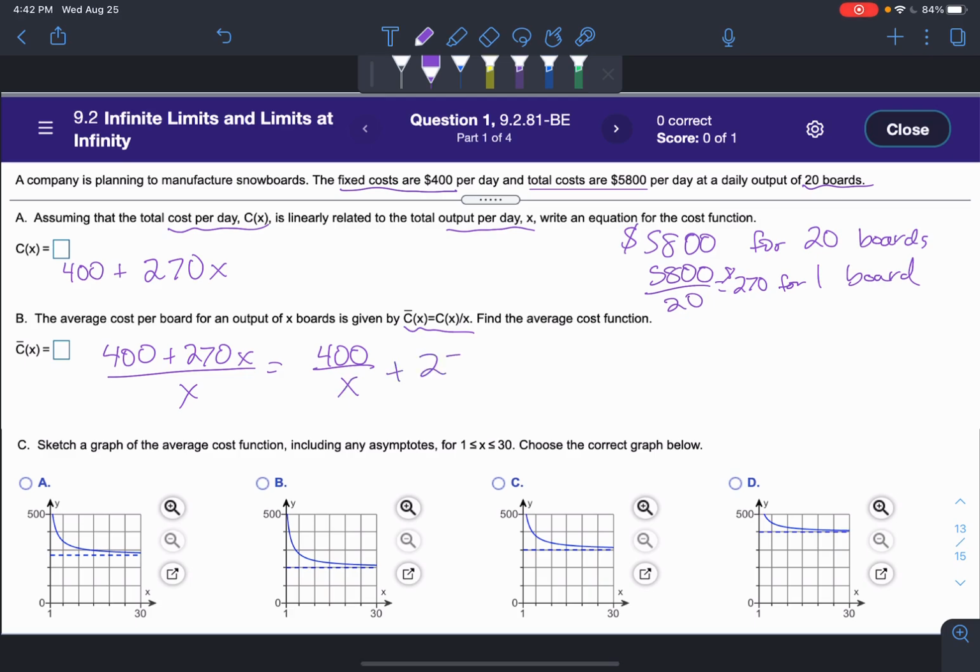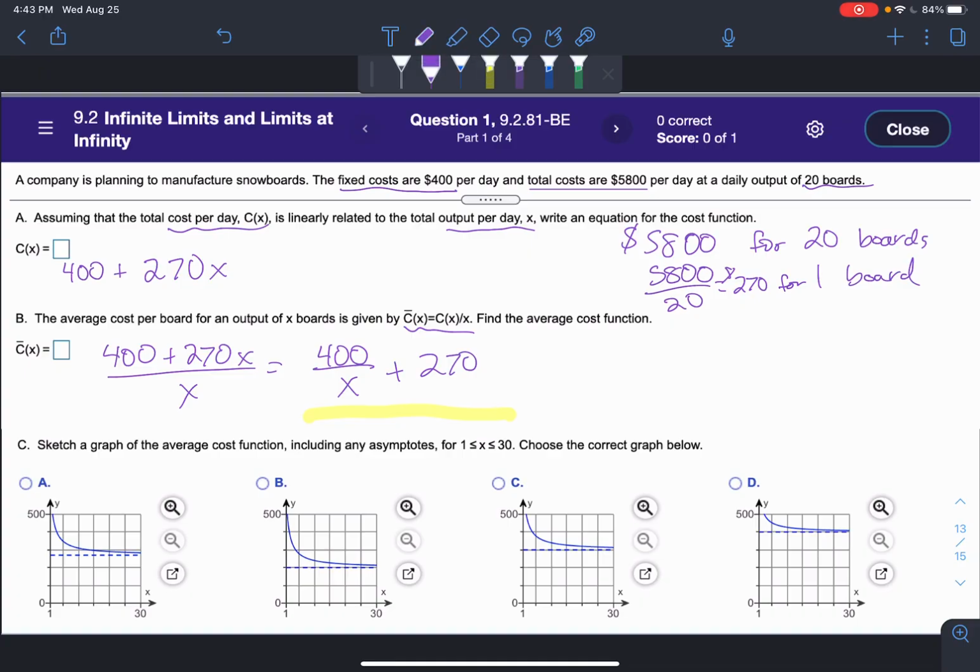In part C, we're looking to graph this average cost function. All right, so we have this 400 over x plus 270. So one thing you can do is plug in numbers if it'll help you. So let's put in x and then my c average of x.